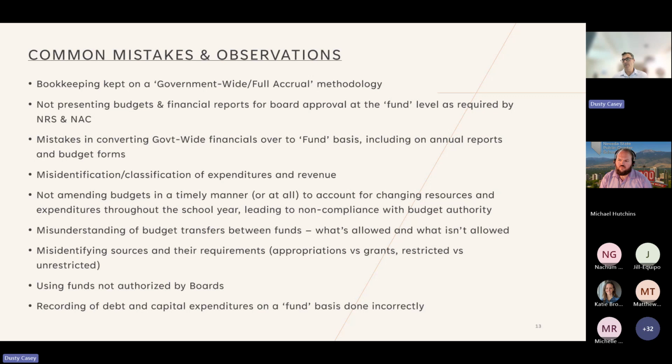Of course, I'm definitely not telling you to change midyear or midstream by any means. But if you are doing your books on a fund basis, unless you have some type of special fund where that would make sense, you are not recording depreciation. That is a year-end audit item under the government-wide financials, under the GASB 34 ruling or implementation.